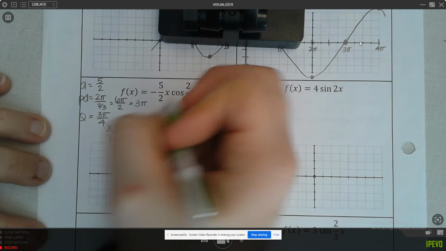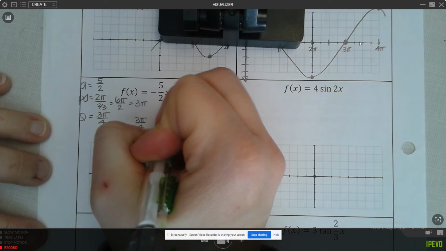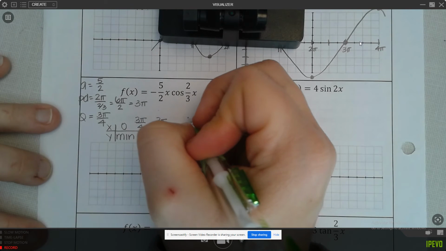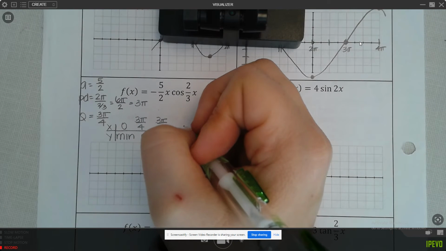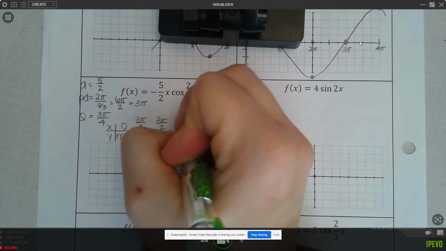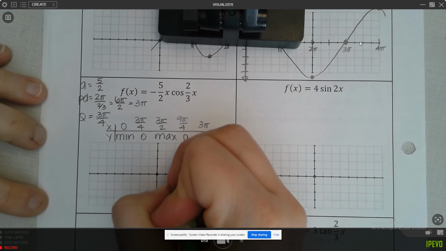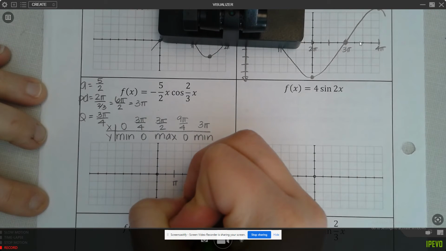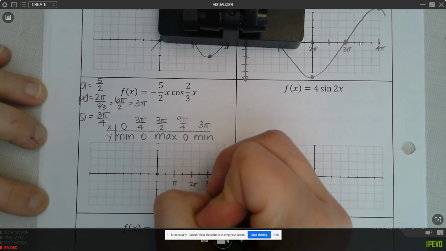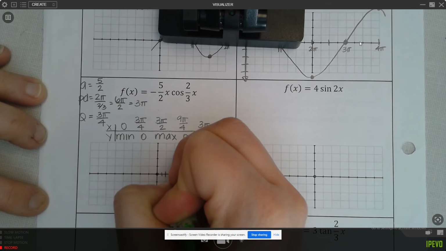Start at 0, add my quad. Okay, and I'm going to make each of these pi's to make it fit on my graph. So those are pi's over 2, and then pi over 4.